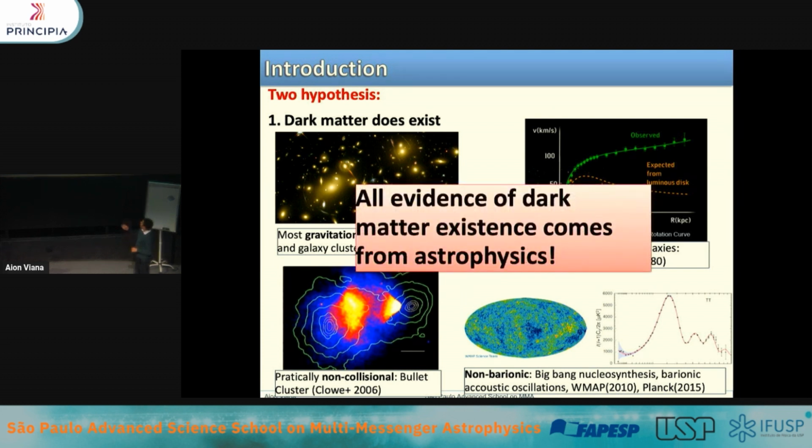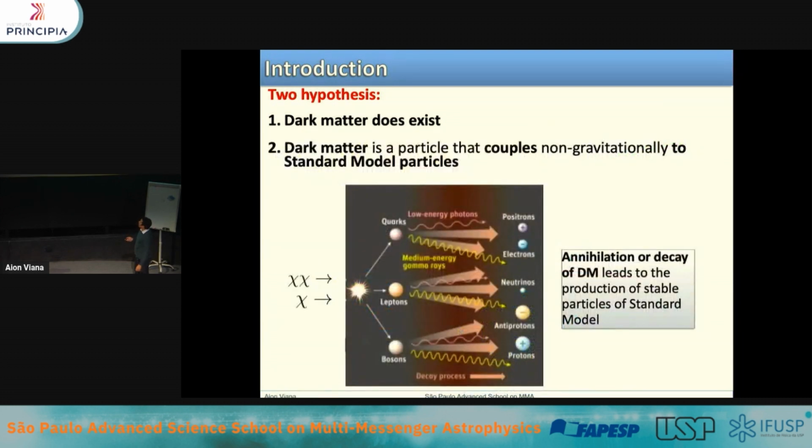Now, all these evidences of dark matter come from astrophysics. So that's why we also think that looking into astrophysics is one of the best places to look for detecting the dark matter particle. Now, the second hypothesis is that dark matter is this particle and it couples non-gravitationally to the standard model particles.